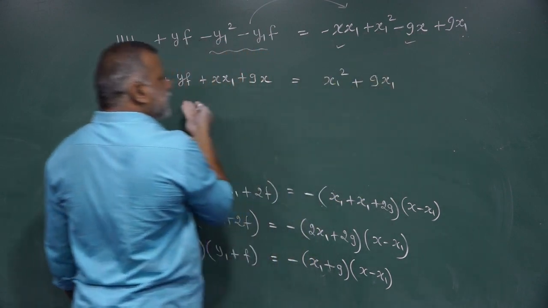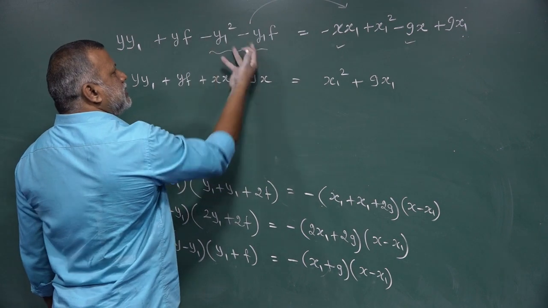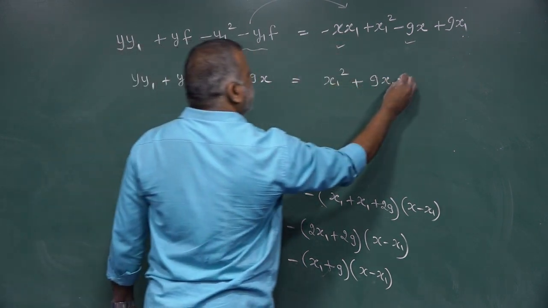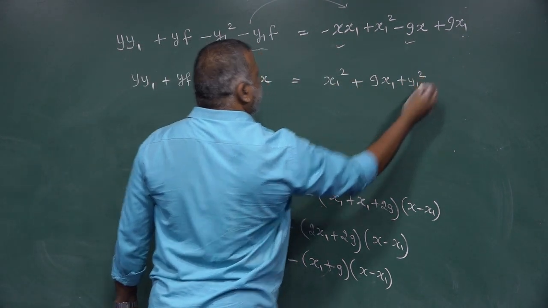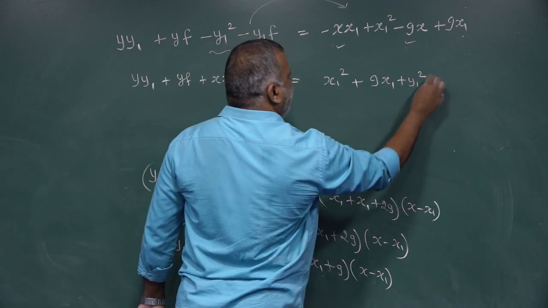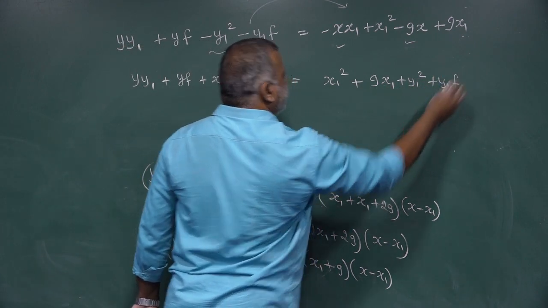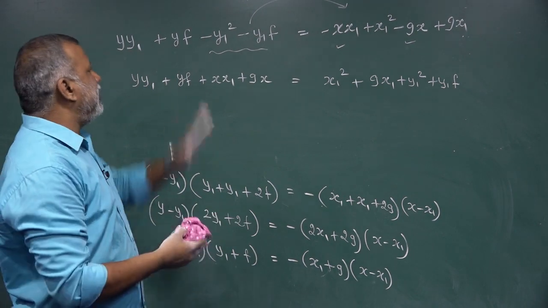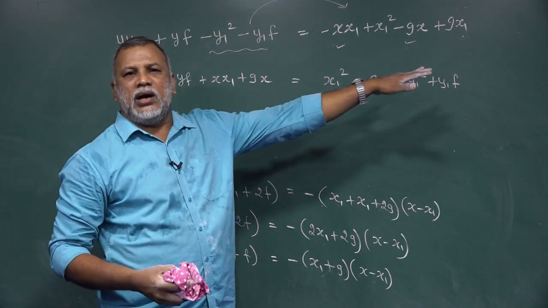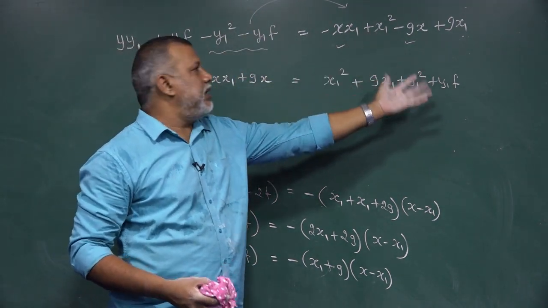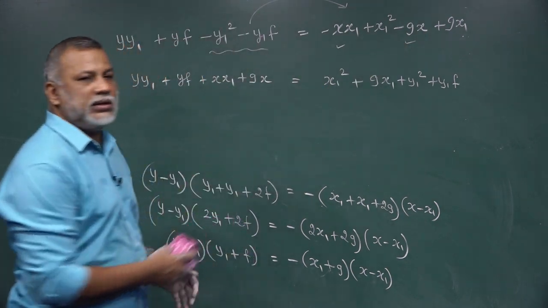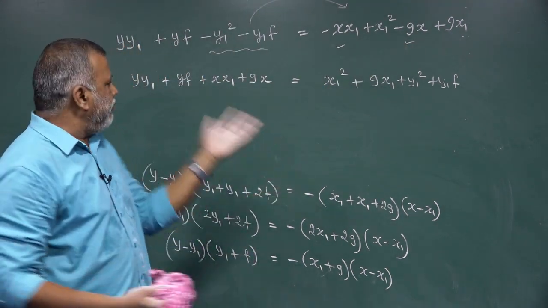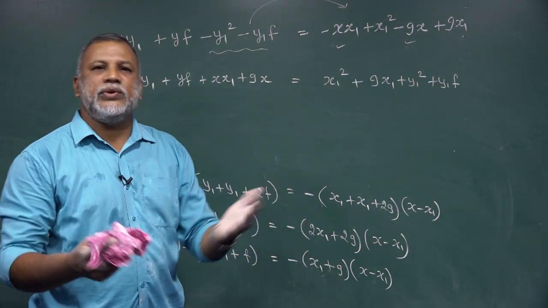These two negatives convert to the other side, so we can get y1 squared, then plus y1f. See carefully. So convert these two negatives to the other side, that means in your RHS side. Again this negative to the other side. So we are able to get everything as a positive result.